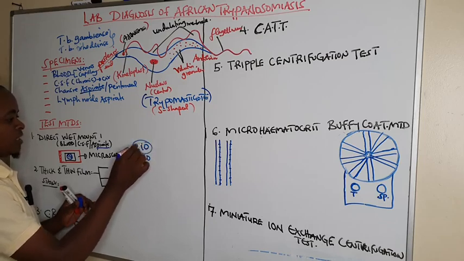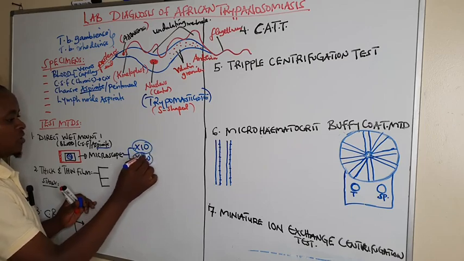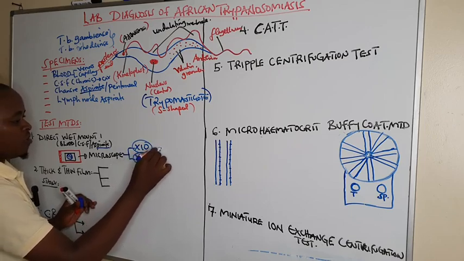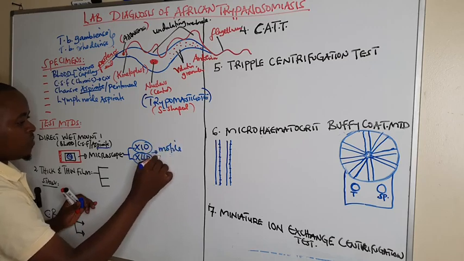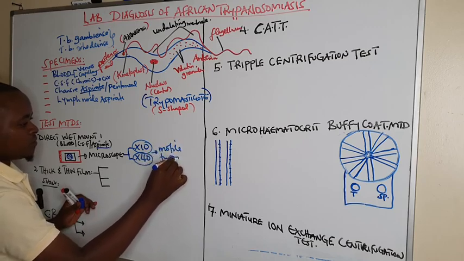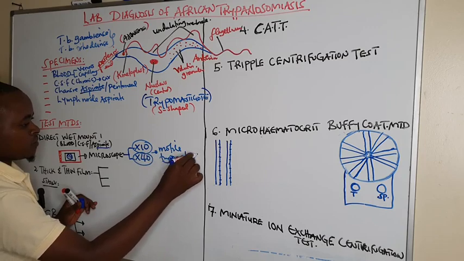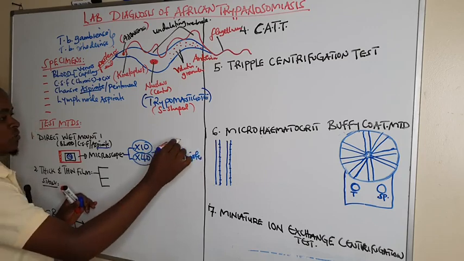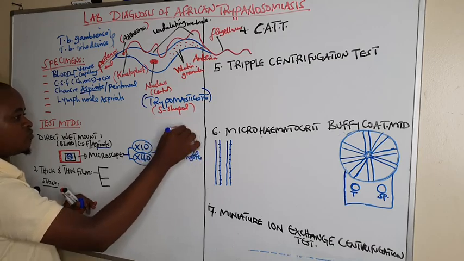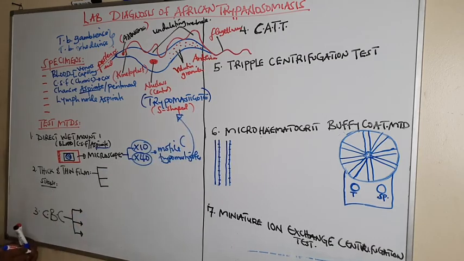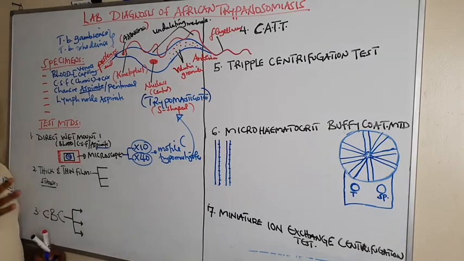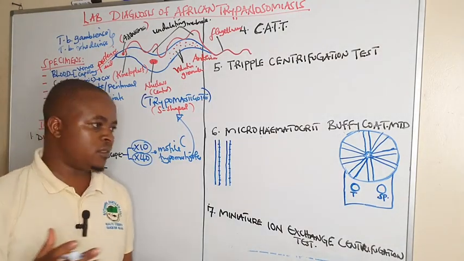These are the objective lenses we can use to look for motile trypomastigotes, which we said are S-shaped. So that is the direct wet mount method.